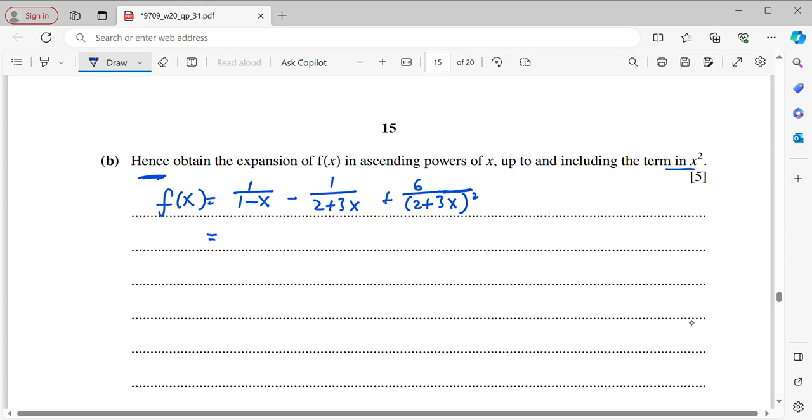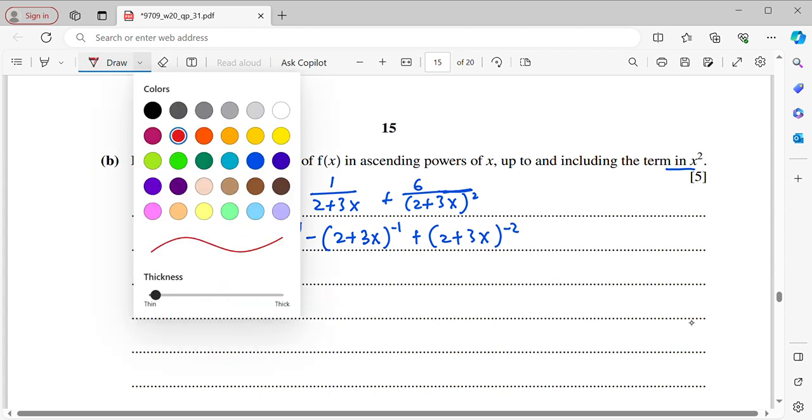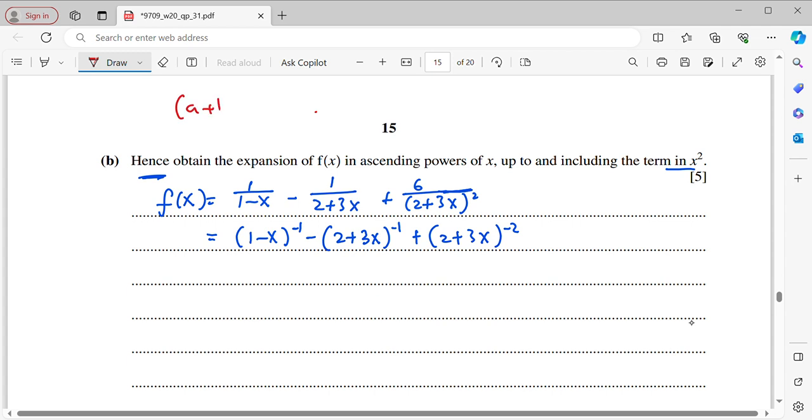Okay, so from here, I will move up all the terms because I need to do binomial expansion. This is going to be (1 minus x) to the power of negative 1, minus 2 (2 plus 3x) to the power of negative 1, plus 6 (2 plus 3x) to the power of negative 2. To use the binomial expansion, make sure it follows this. So (a plus b) to the power of n. Sorry, we are not using this now.